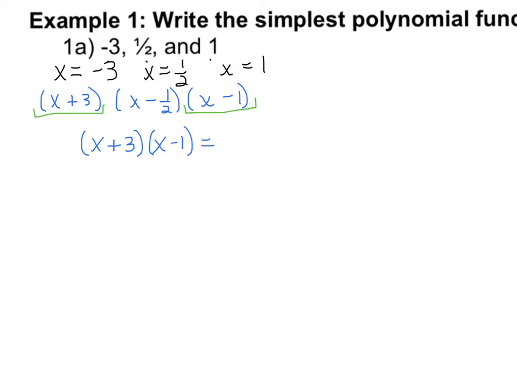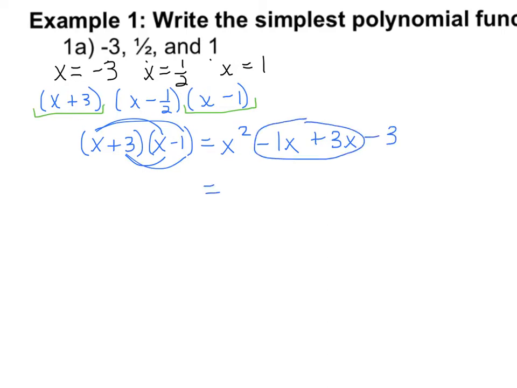When I do that, I'm going to get x squared minus 1x plus 3x minus 3. Combine like terms in the middle, and we get x squared, -1 plus 3 is positive 2x, and then minus 3. So that takes care of 2 of the factors.